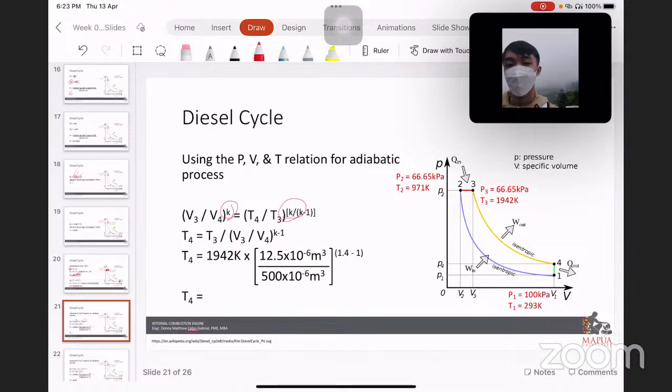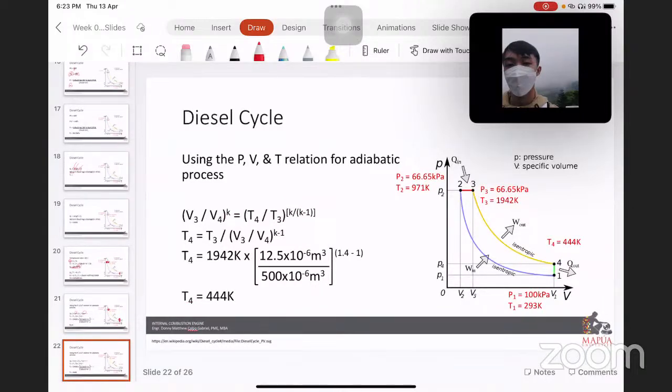You will be able to calculate yung V3 at saka T3. Using the relationship of V3, T3, you're able to calculate what is V4, since yung V1 is equal to V4, where T4 is equal to, ayun.